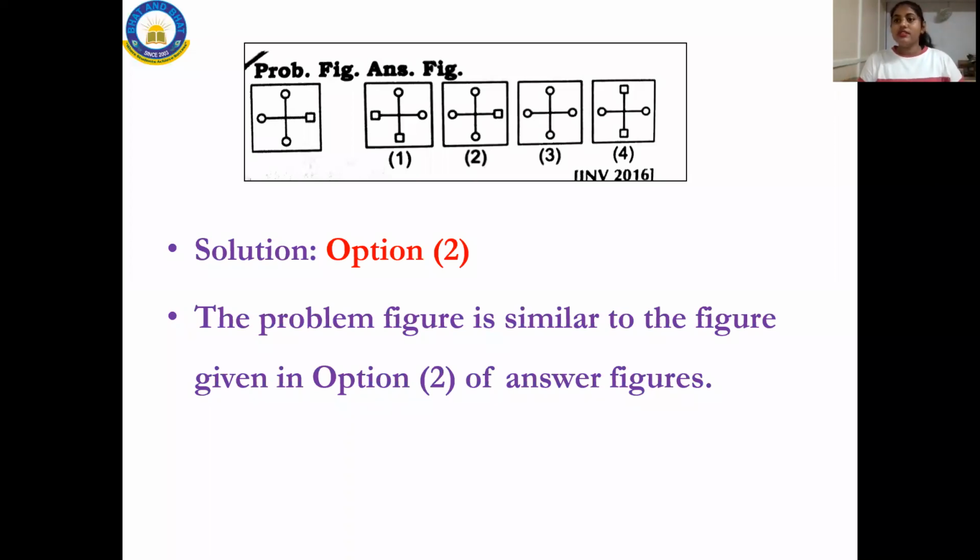What is the procedure? They will give you one problem figure followed by four answer figures. Our work is to find the same question figure in the answer figures without any changes, not even a single dot.